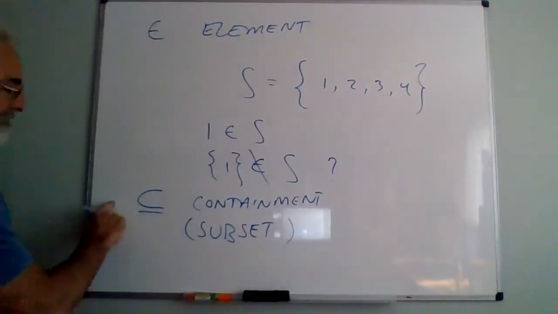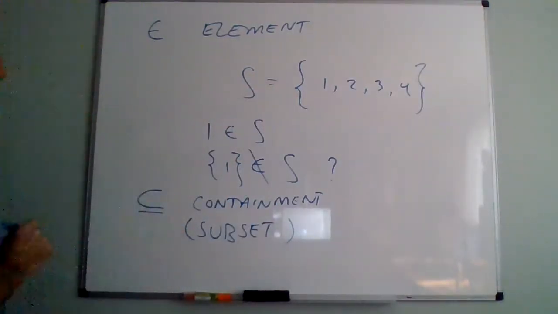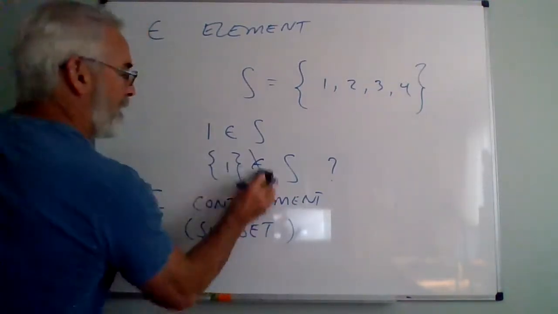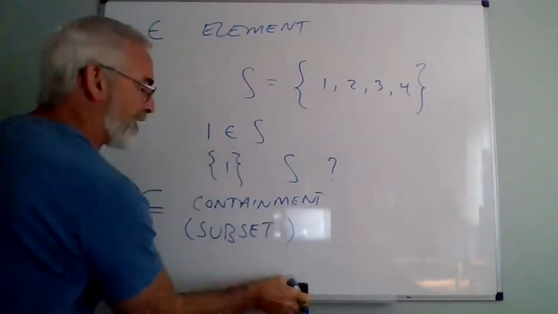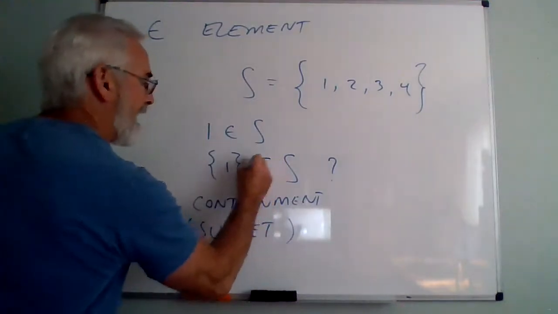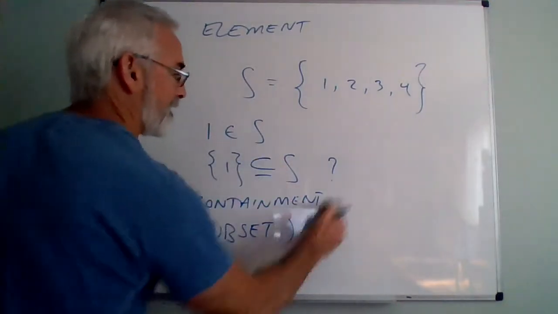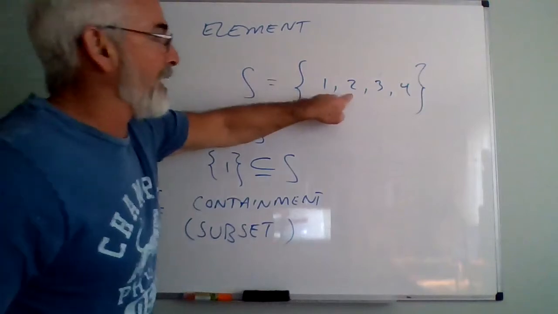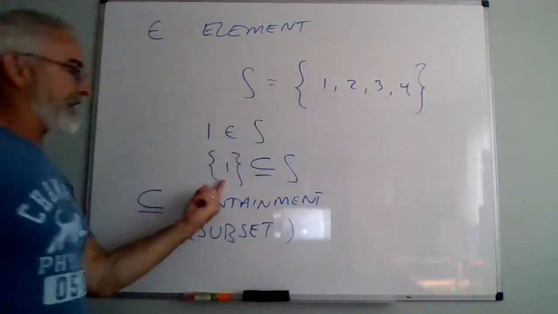If I say something is contained in something else, now we can go back to the statement here. The set that includes only the number 1 is contained in the set S. The individual element 1, individual element 2, but now I'm saying a set.